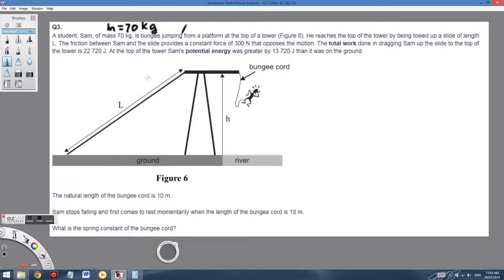The length is L. The friction on the slide is 300. The total work done in dragging them up will be this. At the top, the potential energy was greater than on the ground.